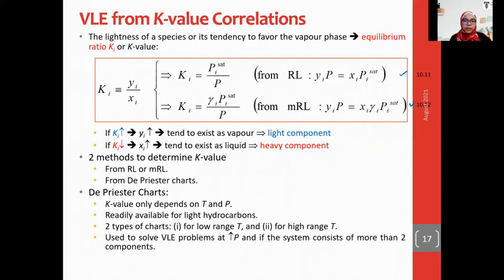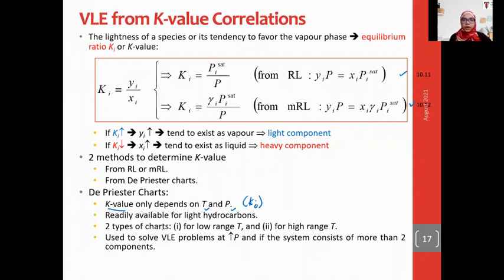Okay, for the DePriester chart, the K value only depends on temperature and pressure. So we need to find the value of temperature and pressure before we can obtain the value of Ki. It's readily available for light hydrocarbons.